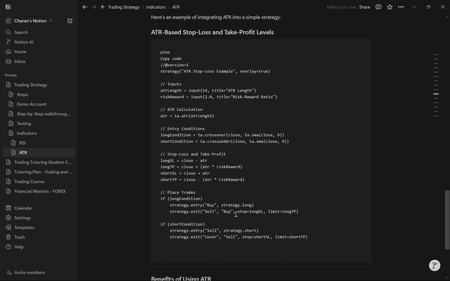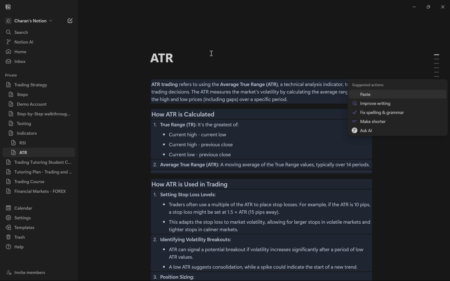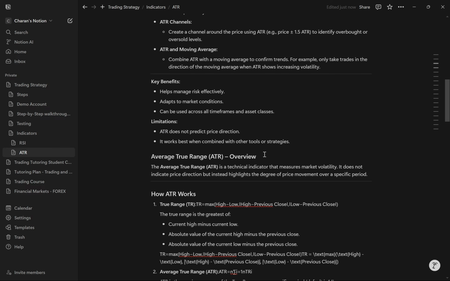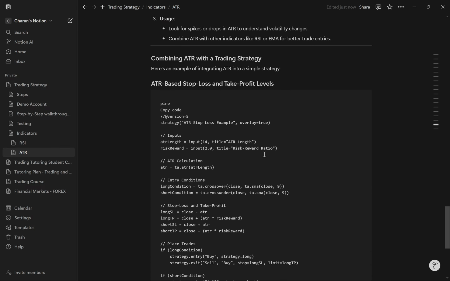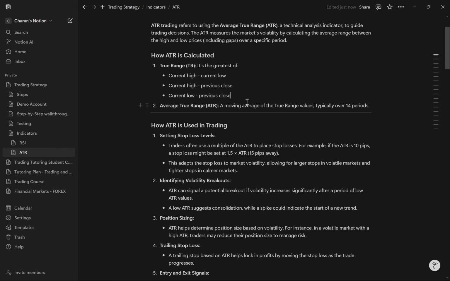Right, and we also need to add this. All right, so for stop loss prices, traders often use multiples of ATR to place the stop loss.